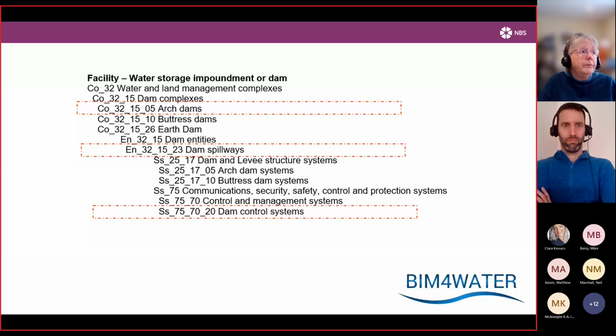And then here we go. If you've got, this is looking at dams, where you're managing dams as well, then you've got the different types of complex, the entities, and then the systems for actually building them, and the controls.